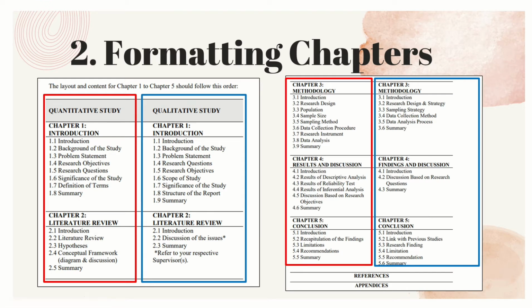The second one is formatting chapters. I focus on quantitative study. Basically for qualitative study, it's the same. Basically you have chapter 1, 2 until 5, and inside the chapters there are headers as well as sub-headers.